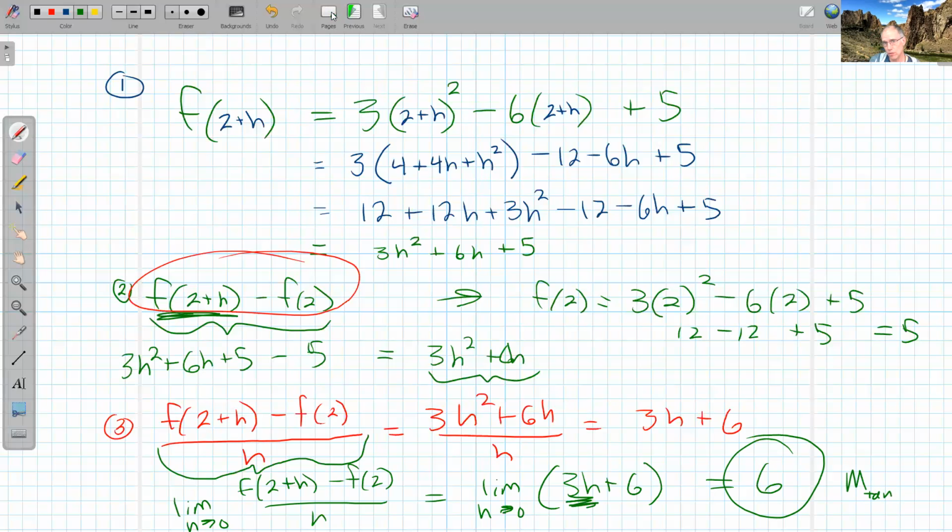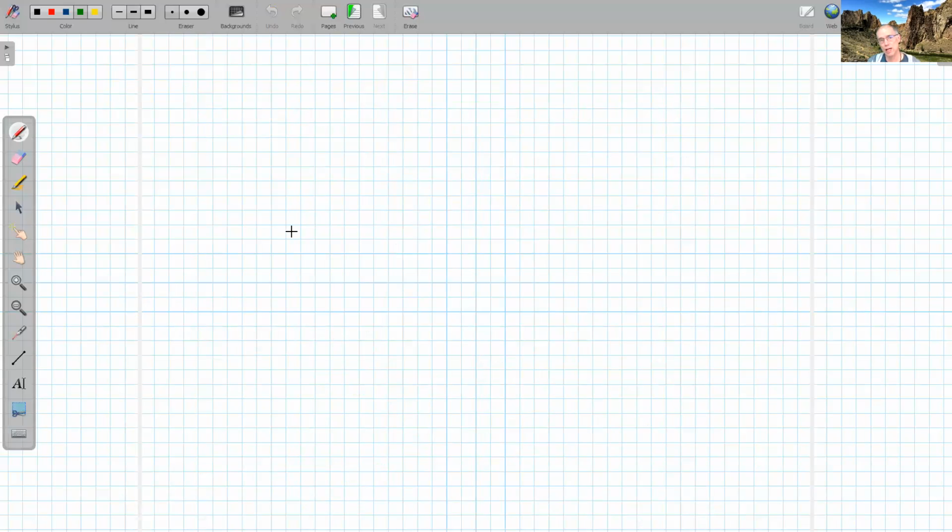So we should verify that this is true, and we can do that in a table of numbers, or we can do that on a graph. So we think if we start with f of x equals 3x squared minus 6x plus 5, that the slope of the tangent line when x equals 2 is 6.